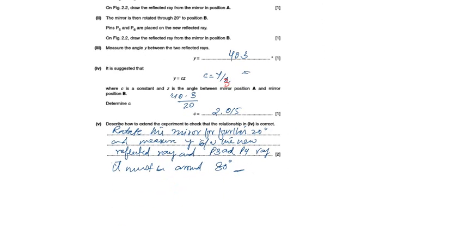Before it was 20 degrees, now we move the mirror a further 20 degrees and measure the y between the new reflected ray and the P3 P4 ray. So it must be around 80, double of this, a multiple of 2.015. So we will move a further 20 degrees and check. When this c stays the same, that means the relationship is correct.